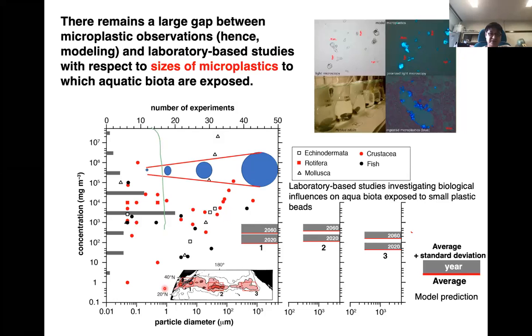However, I have a very serious weak point in this numerical modeling. That weak point is the gap of sizes. We monitor the microplastic in the ocean by using a surface towing net with a mesh size of several hundred micrometers. So the lower size limit of the microplastic that we monitor is several hundred micrometers.